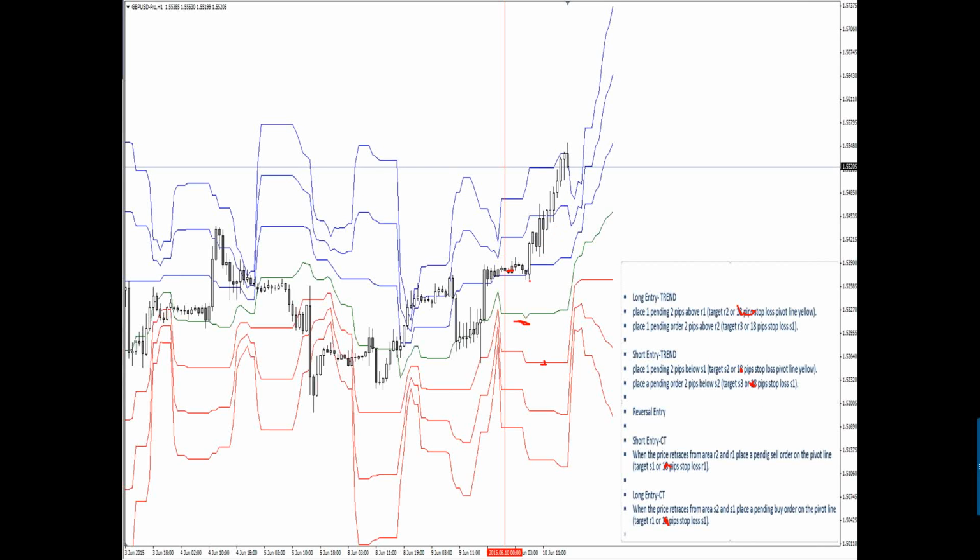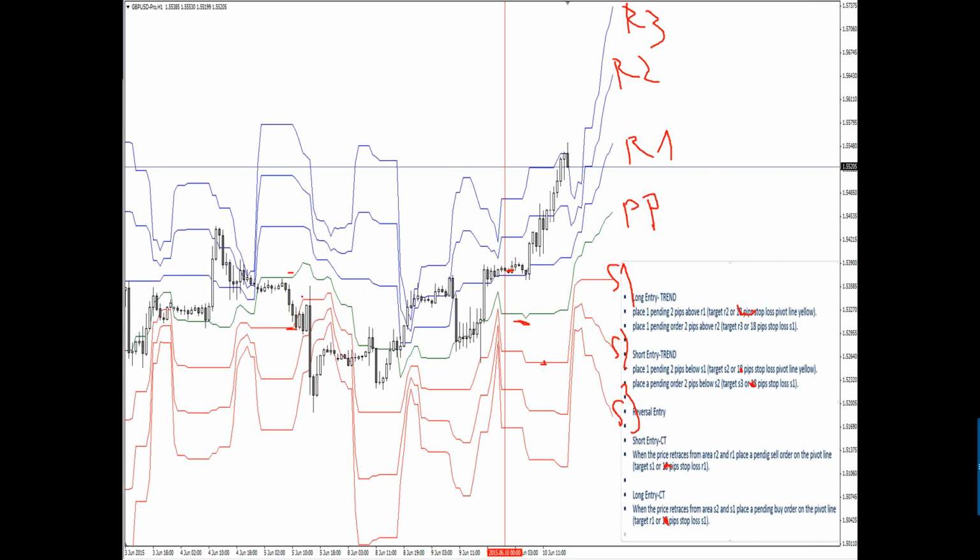So follow the price now. This is resistance 1, this is resistance 2, and this is resistance 3. This is pivot point. This is support 1, support 2, and support 3. Okay, let's see this trade, guys. This trade was activated here at this point, and you can see it clearly here that the price broke through support 1.